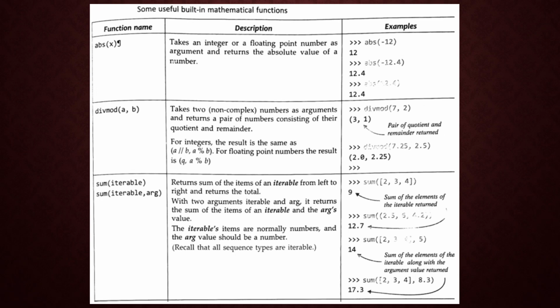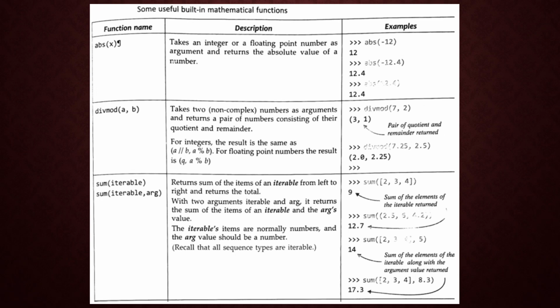The absolute value of minus 12.4 gives 12.4 only. That means if it is negative, it returns positive; if it is positive, it returns positive only. abs(12.4) returns 12.4, and abs(-12.4) returns 12.4 only.